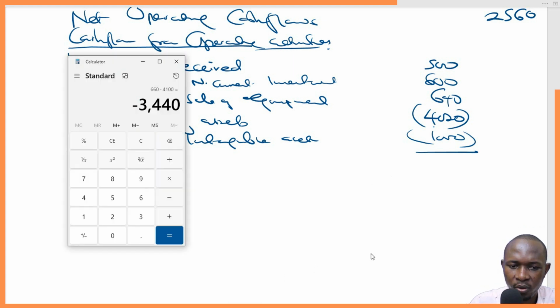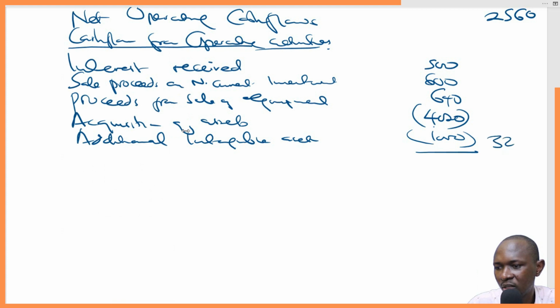So back to our calculator: 1740 minus 4020 minus 1000. That gives us 3280. And it's negative, like that.